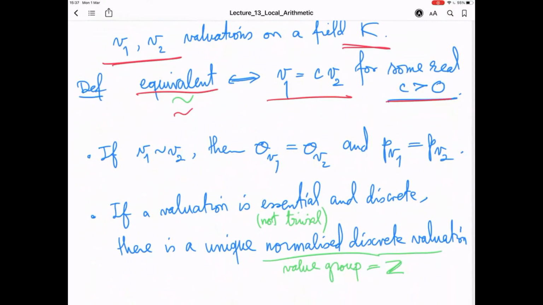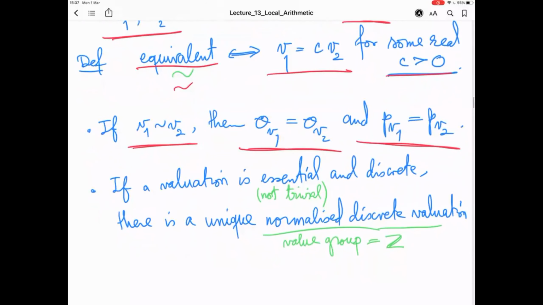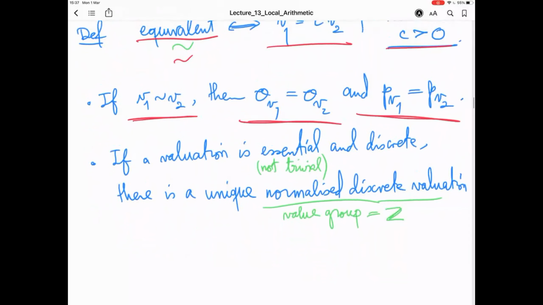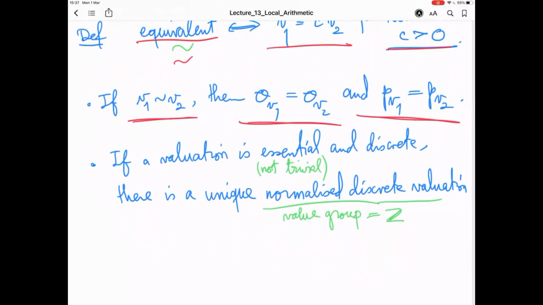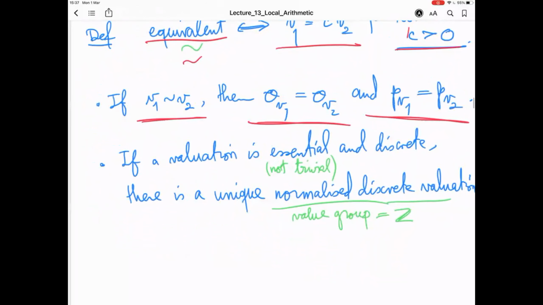The first observation is that if V1 and V2 are equivalent, then their valuation rings are the same, and the maximal ideals of those two valuation rings are also the same. This should be more or less absolutely obvious, because a number is positive if and only if, when I multiply it by a strictly positive real number, it is positive.